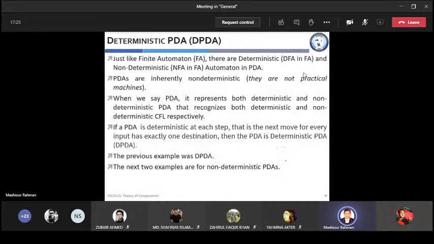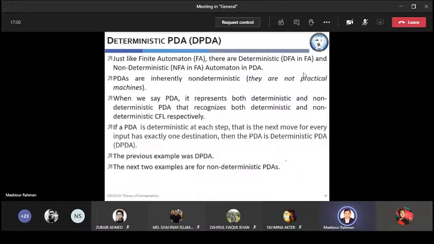Now we always have the concept of deterministic and non-deterministic, and in PDA we have both the scenarios. Just like the finite automaton has deterministic DFA and non-deterministic NFA, so does the PDA.